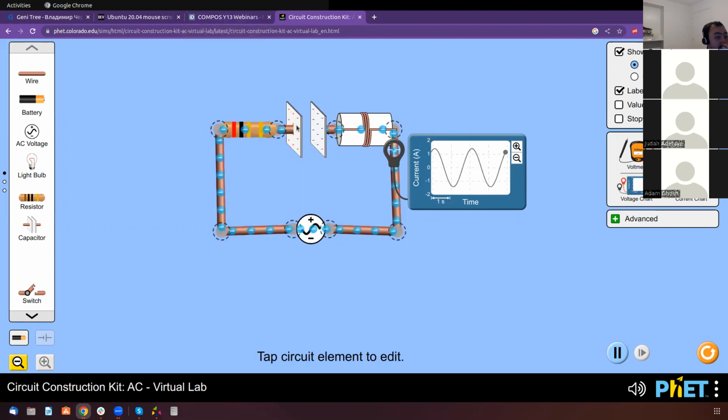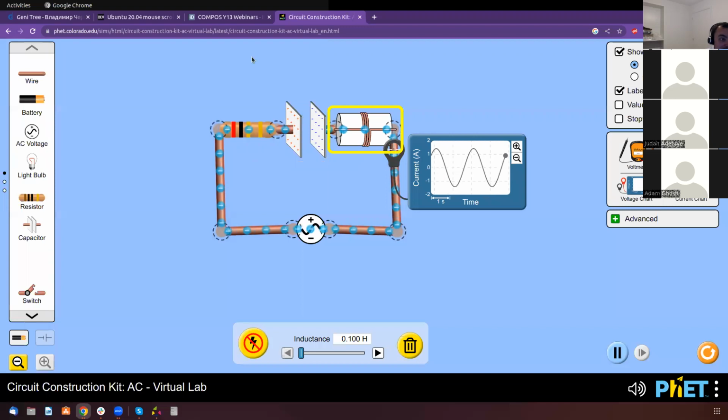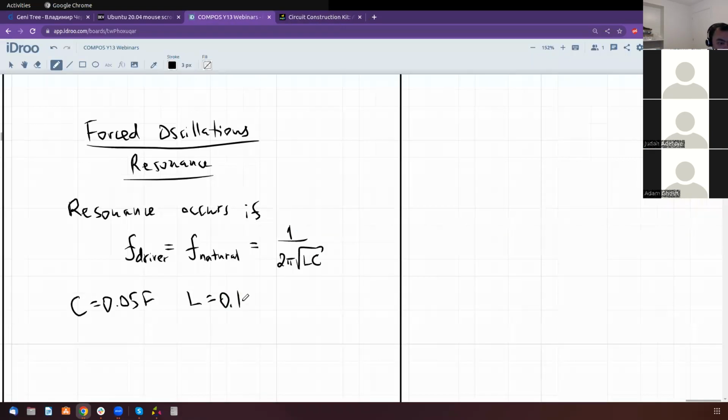Okay, so the capacitance is 0.05 farads. The inductance is 0.1 henry. So the natural frequency is 1/(2π√(0.05 × 0.1)).